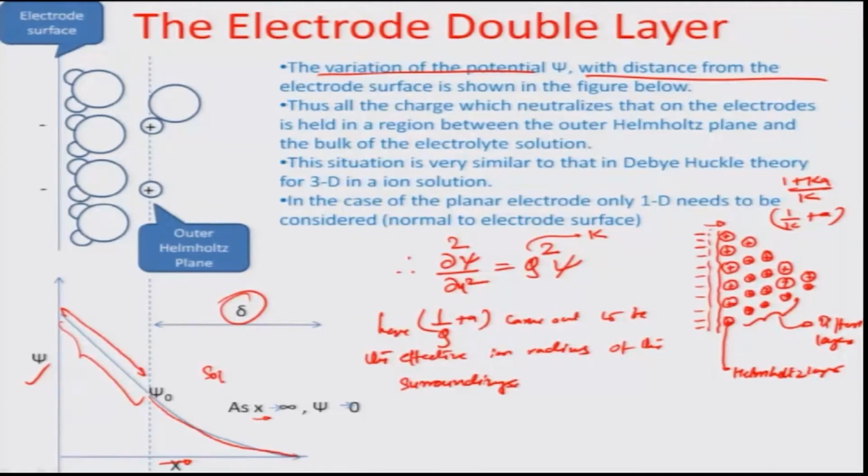So having said that, now in case of the electrode, one by k can be replaced, and this is only an approximation, by the term delta, which is the diffuse layer thickness, okay.